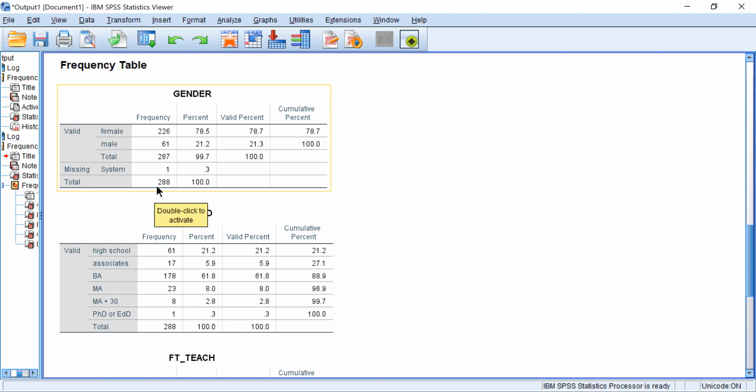But if you have very many cases that are missing, then these numbers could be quite different. So if you have a third of the sample missing from a question, then it's misleading to say that 60% of the sample was female, when in fact it might be a much larger percent of the valid people, that is, the people who answered their sex at all.